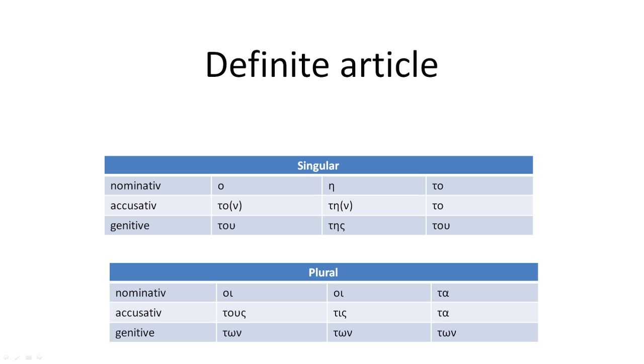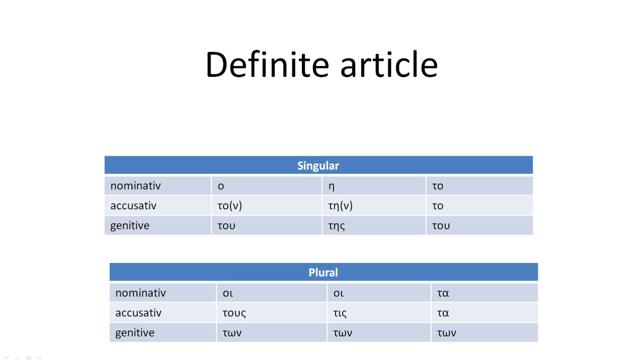Don't worry, I will talk about when we use the ν ending in the next slides, and του in genitive. For the feminine, we have η in nominative, τη or την in accusative, and της in genitive. For the neutral, we have το in nominative, το in accusative, and του in genitive.